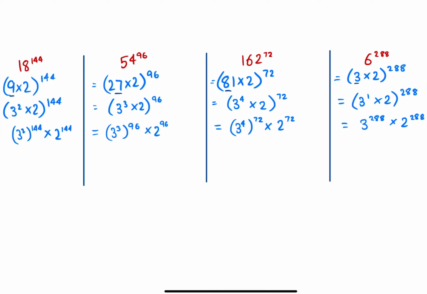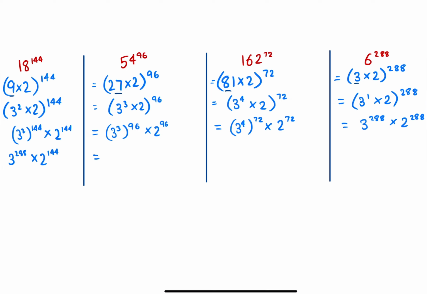So 2 times 144, 3 raised to the power of 2 times 144. You can try doing that on a calculator or maybe in your head, but that would give you 3 to the power 288 times 2 raised to the power of 144.